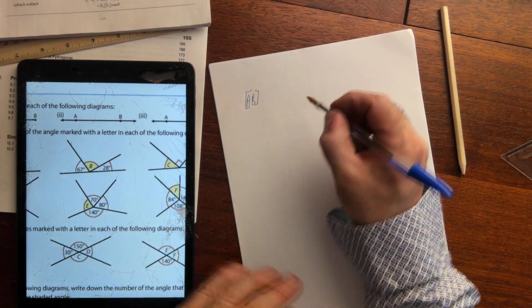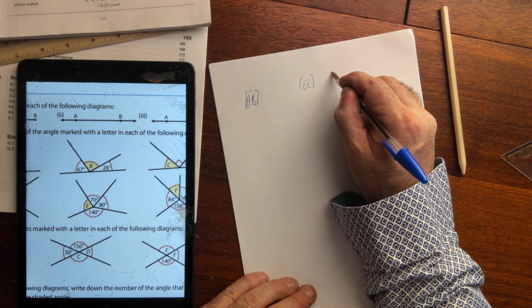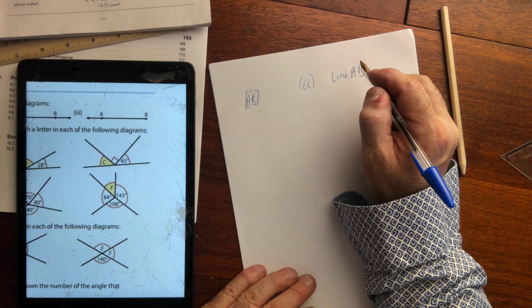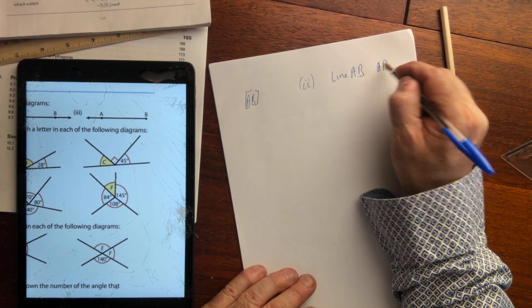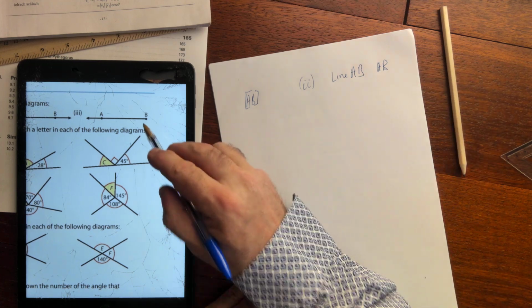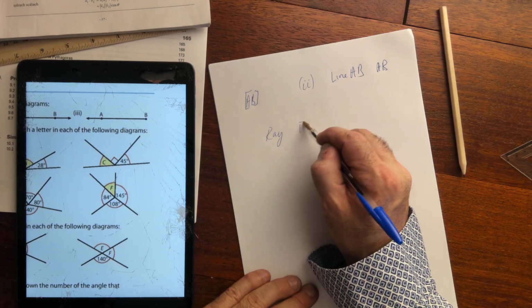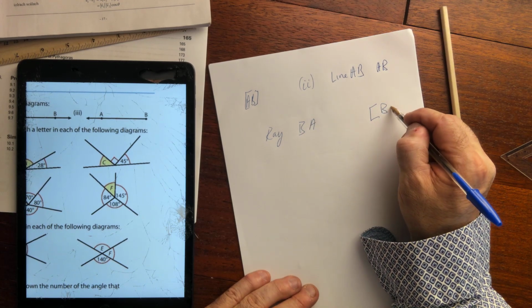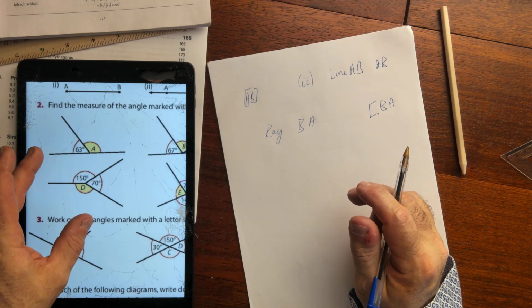Okay, part 2 is the line AB, and line AB is written just like this, and part 3 we have to start at B, so part 3 is ray BA, and also just written ray BA. Great. Go on to question 2.